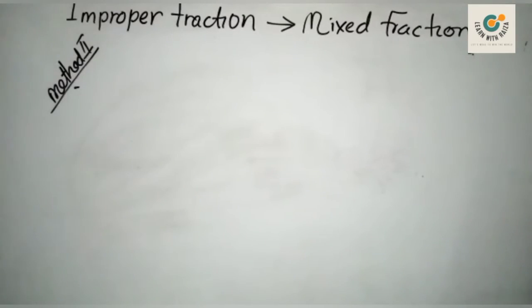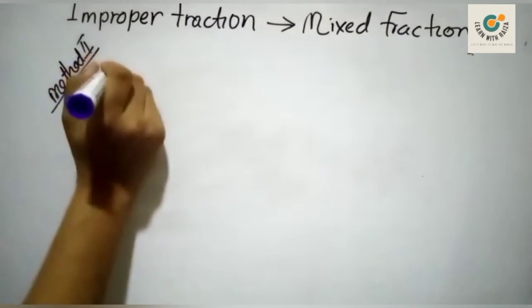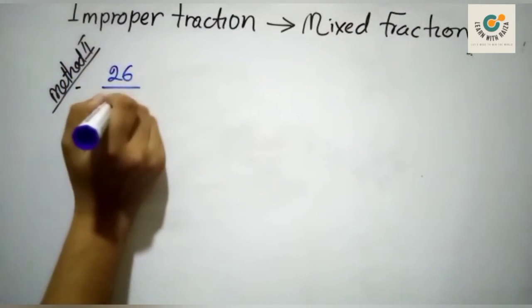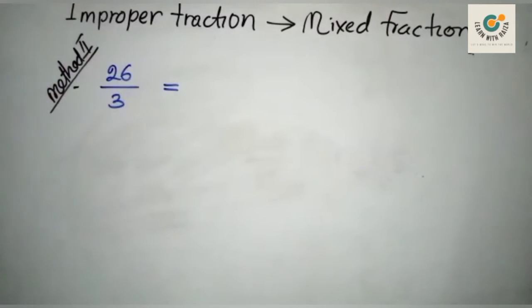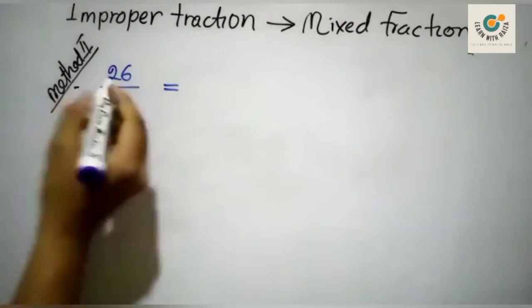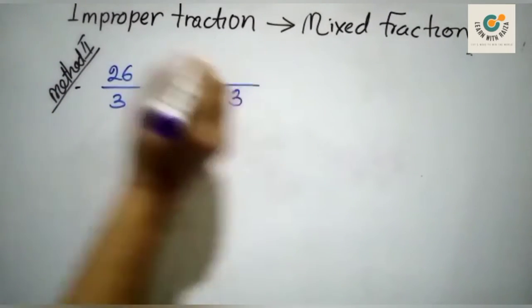Now let's look at another example, a little bit bigger number: 26 over 3. In this second method, which I am teaching you because it is easy, write down the denominator as it is.